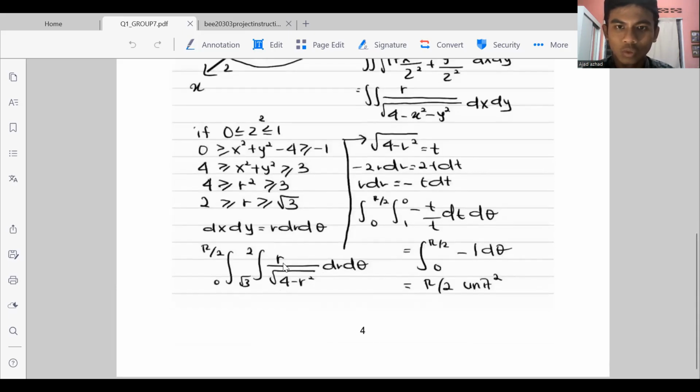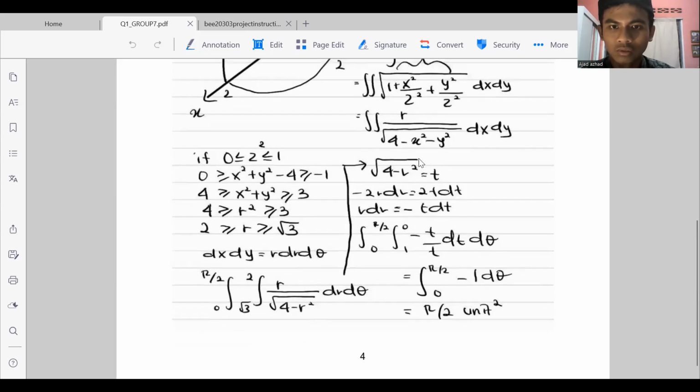We just integrate the equation from 2 to square root 3 into 2, then we will get the answer. So it means that negative 2 is equal to 2, which is negative r is equal to 2t, which is r is equal to negative t.